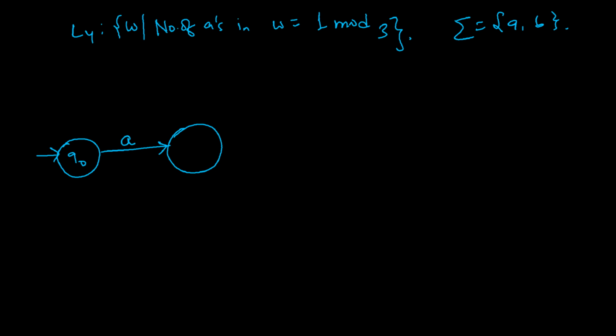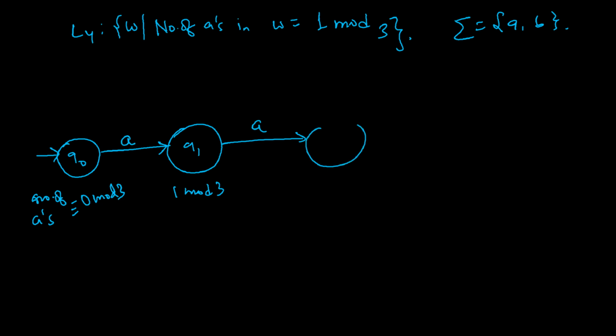So Q0 represents the number of A's being 0 mod 3, and Q1 represents 1 mod 3. If you see another A, then this is 2 mod 3. Zero mod 3, 1 mod 3, 2 mod 3.